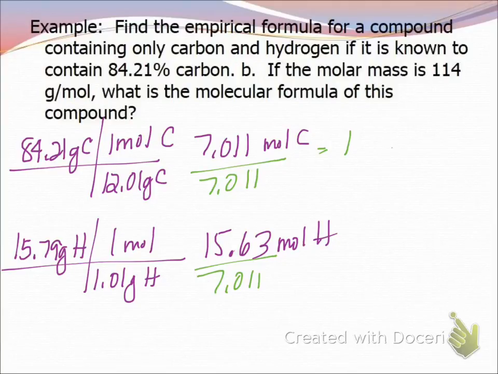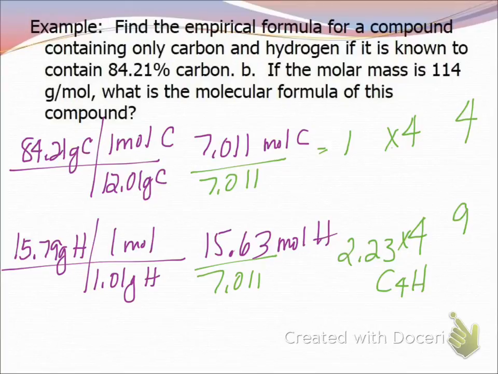This equals like 2.23. Can't round. It's close enough to 2.25, so what would we multiply by? 4. So then we're going to get 4 and, what's that one? 9. So our empirical formula would be C4H9.